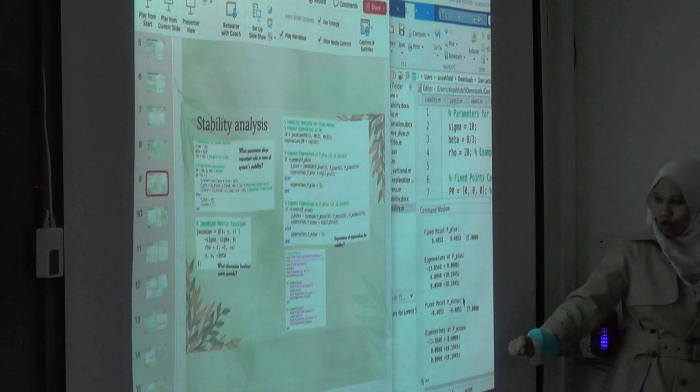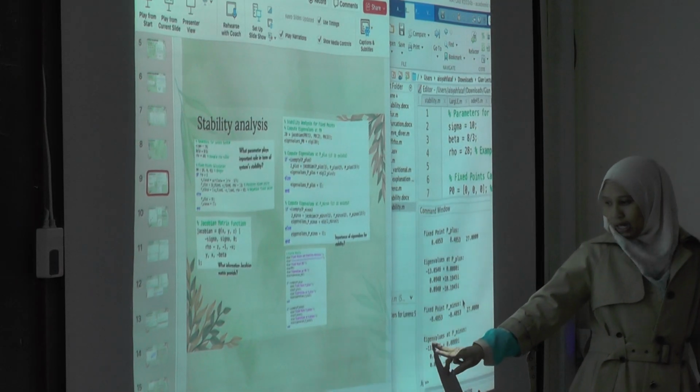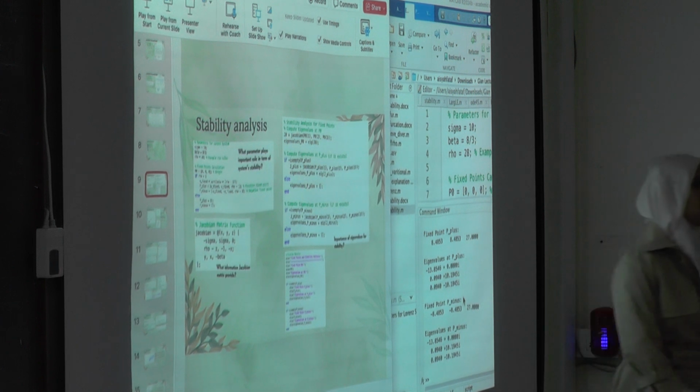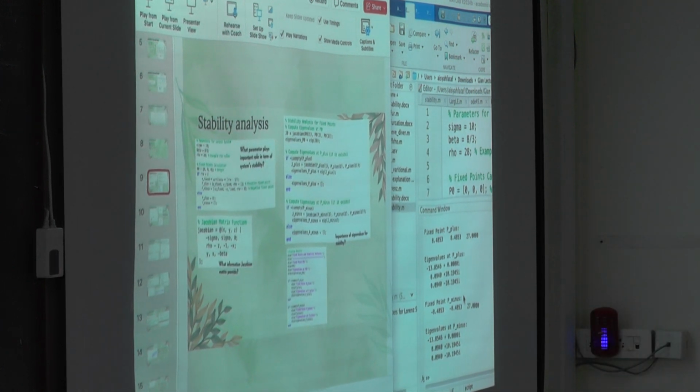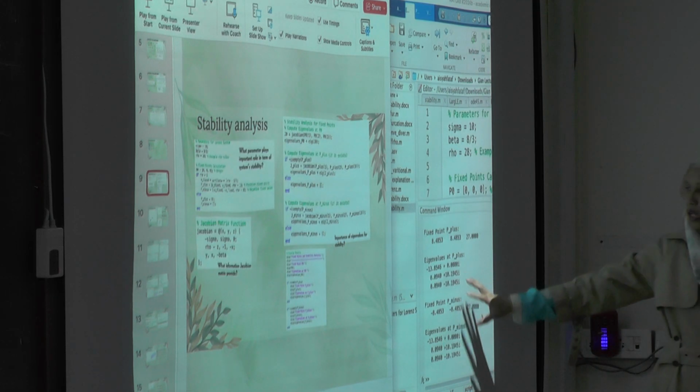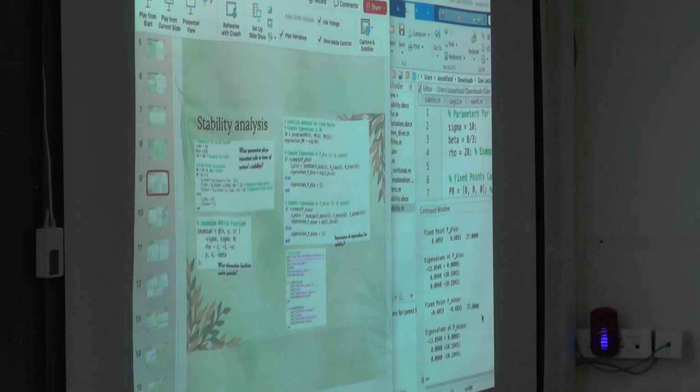For the minus also we have one negative and two complex numbers with positive real part. That's why it is unstable and is chaos.